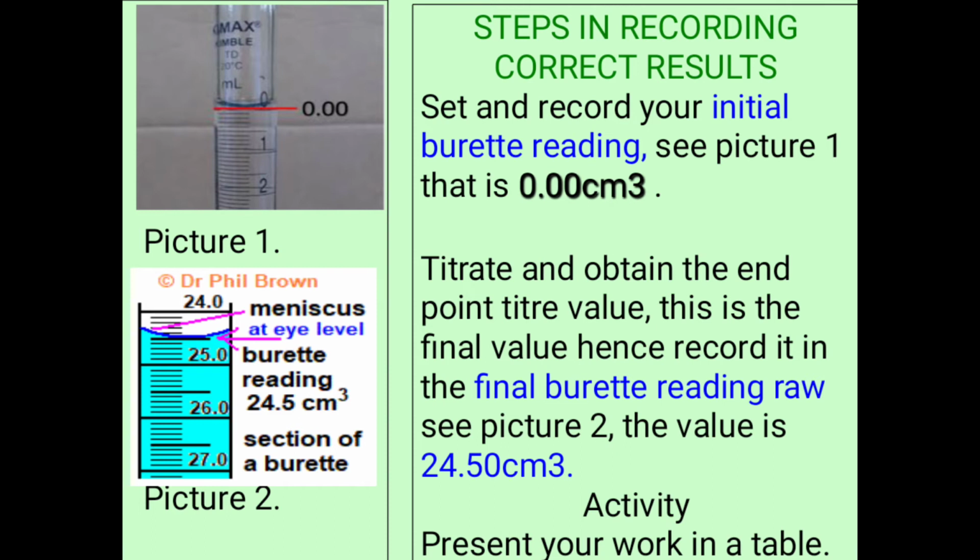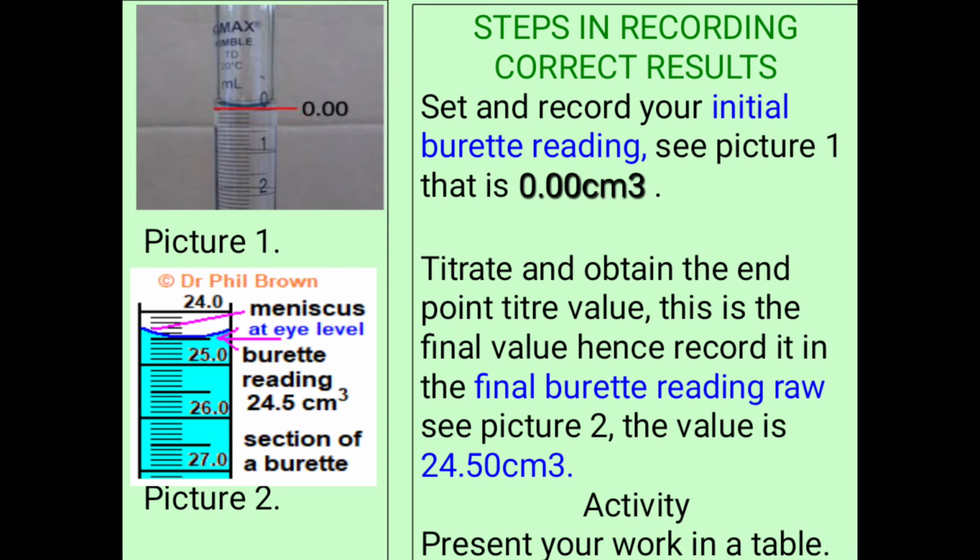Now, after entering our initial burette volume, we are set to start our titration. I think you know what you're supposed to do. You have already pipetted, you have put an indicator in your conical flask, and you have put it under the burette. Now you are carrying out the titration.